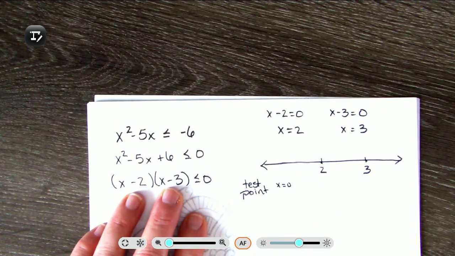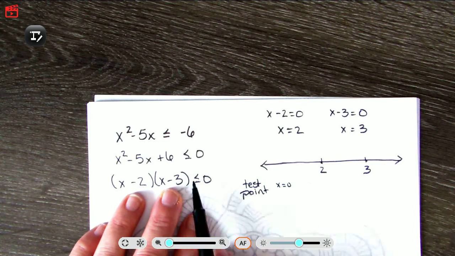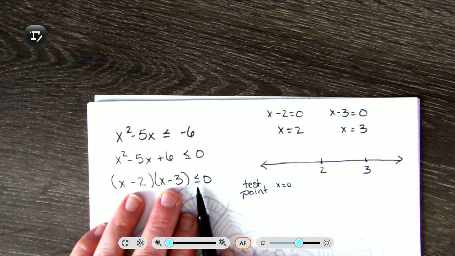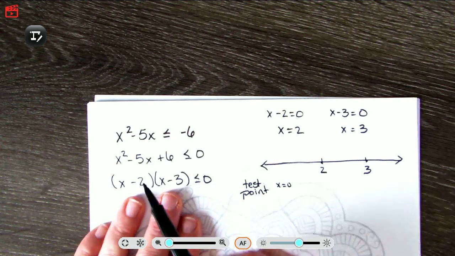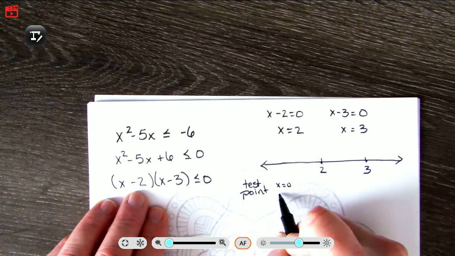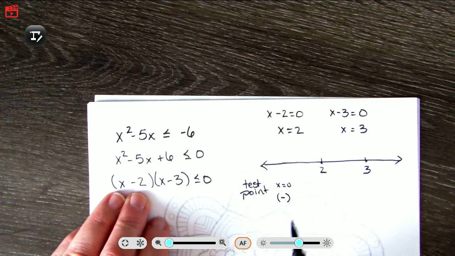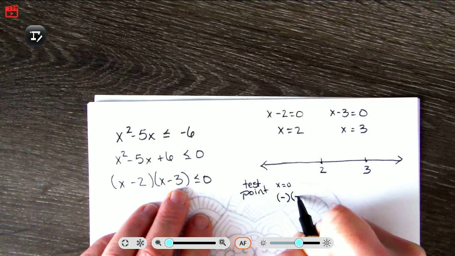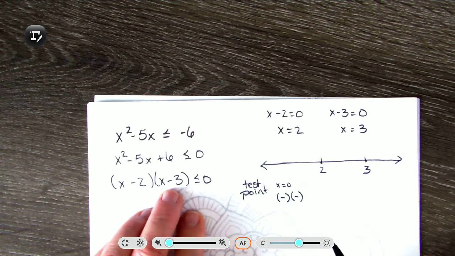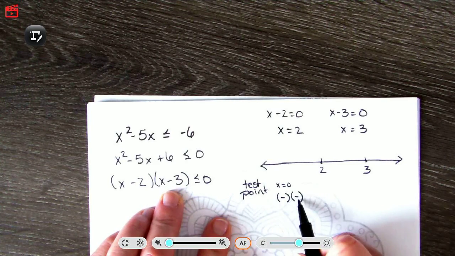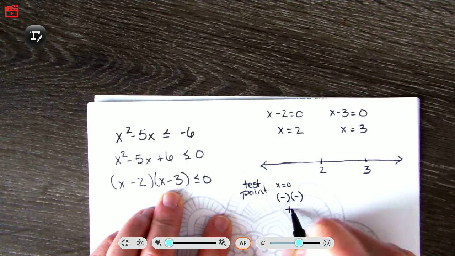I just need to know, is it a positive number or is it a negative number? Because I just want to know if it's smaller than 0. So I'm looking for my negative values. So substituting 0 in here, I would have a negative number on that first piece because 0 minus 2 is negative. And I'd have a negative number on the second piece because 0 minus 3 is also a negative number. And a negative number times a negative number turns into a positive number.